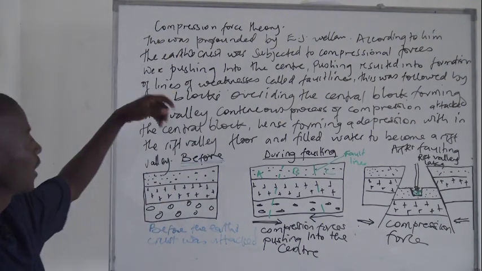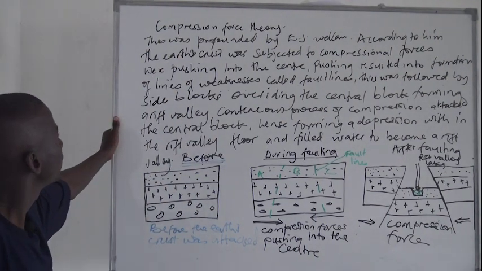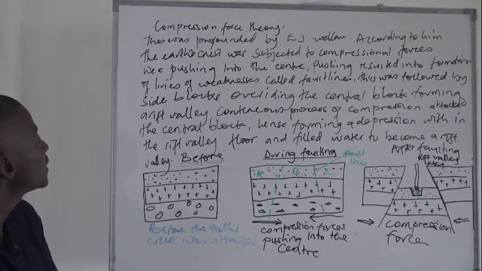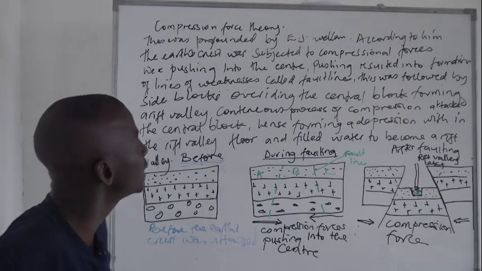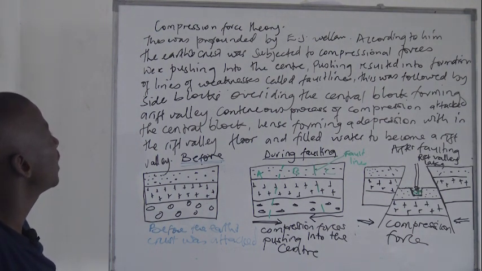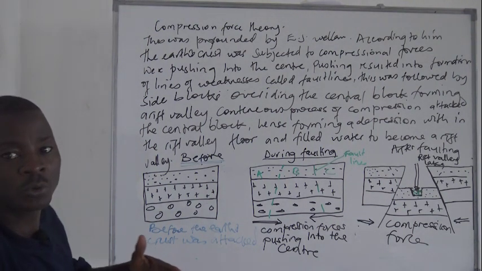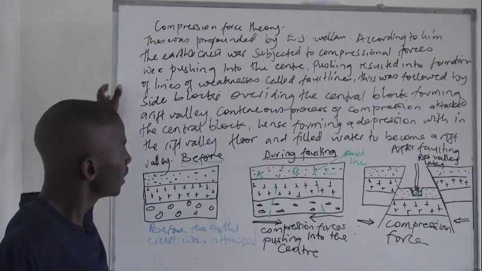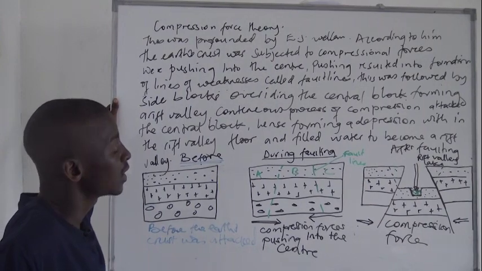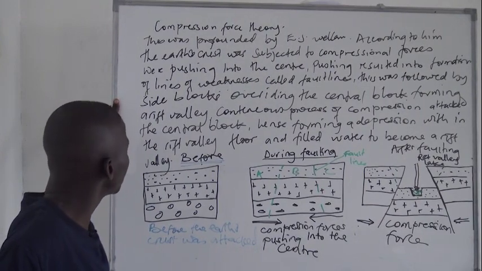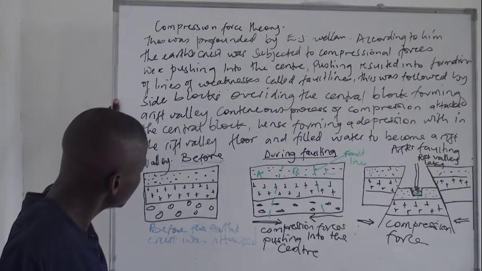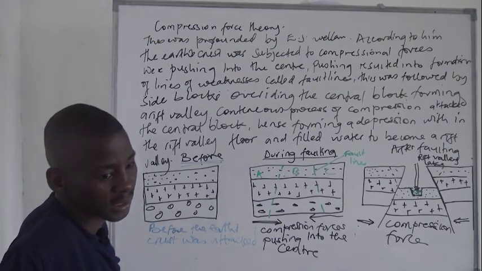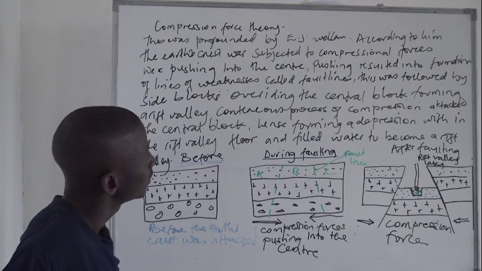So that is the theory of compression. So this was propounded by the man called what? E.J. Whelan. To him, the Earth's crust was subjected to forces which were pushing into the center. These forces were pushing so hard that the result was the Earth's crust starting to develop some lines of weaknesses that were called fault lines.